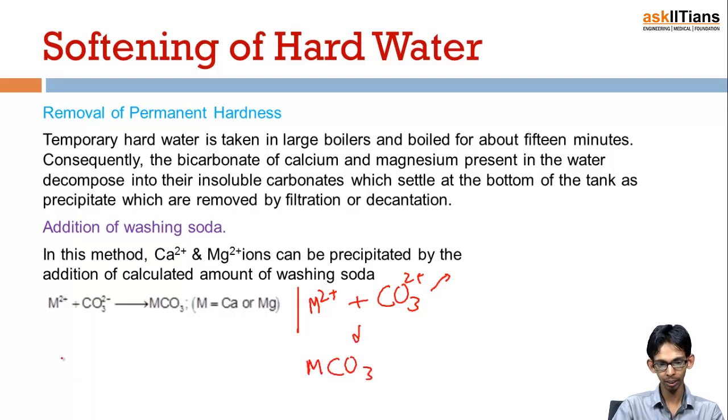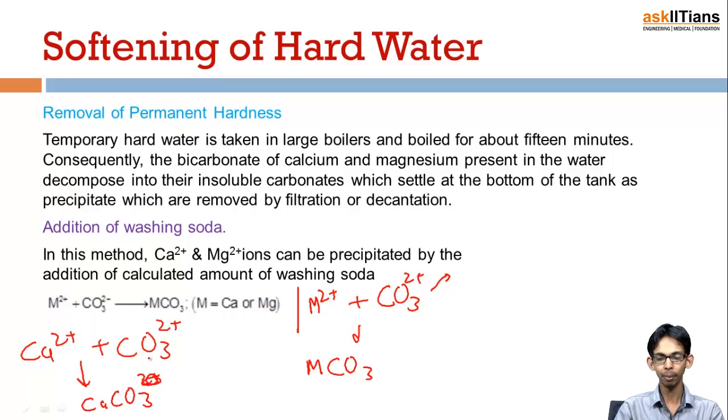If I take the example, I had calcium 2 positive ion, it reacted with CO3 2 negative of washing soda to produce calcium carbonate, and it will precipitate out, which can be separated by filtration simply.